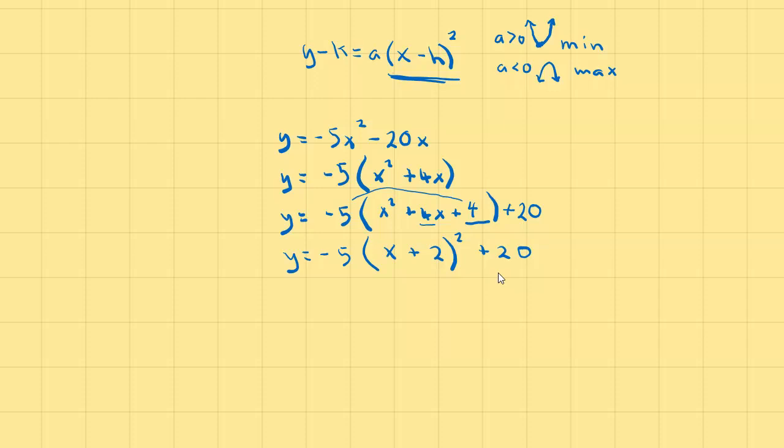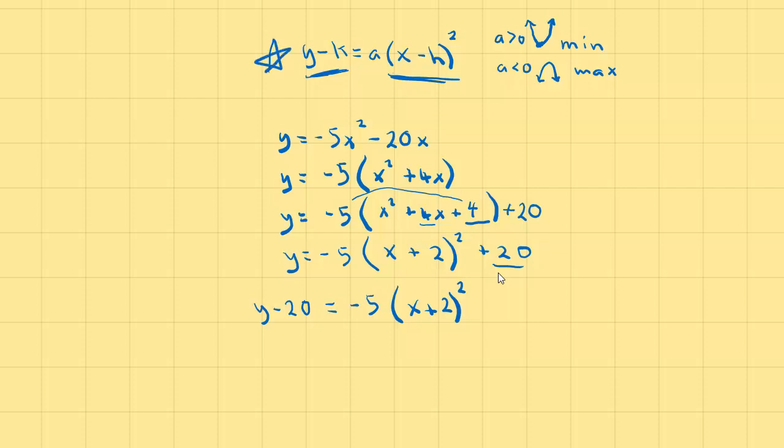And that's what we're shooting for. Okay, now we're almost there. Last thing I'm going to do is subtract 20 from both sides so that we have y minus k. So I'm going to rewrite this. So this is y minus 20 equals negative 5 times x plus 2 squared. Okay, and this is a good place to be. Now we have it exactly in standard form here.